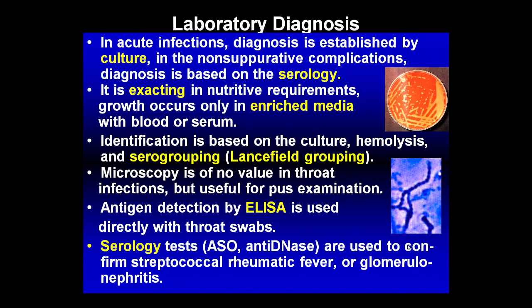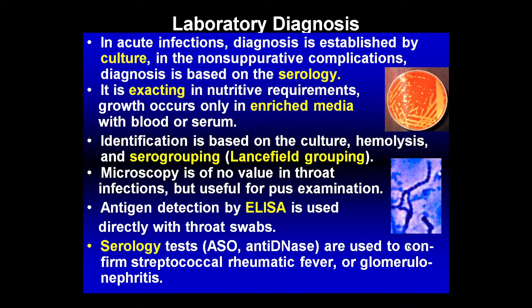When we get the colony, we perform a catalase test to be sure that this is streptococcus but not staphylococcus. Then we perform Lancefield identification, serogrouping, to find the specific streptococcal antigens. We may also culture on blood agar to demonstrate the type of hemolysis.